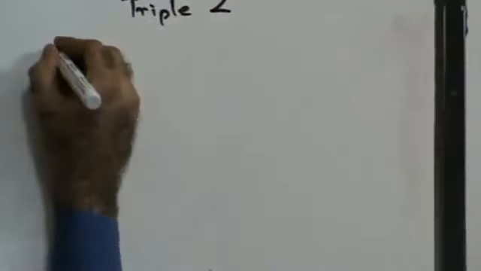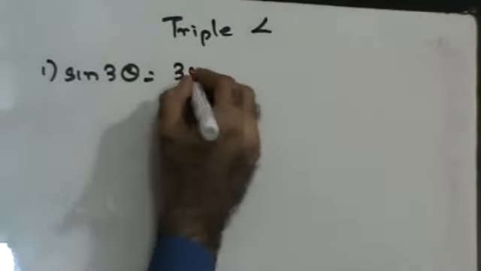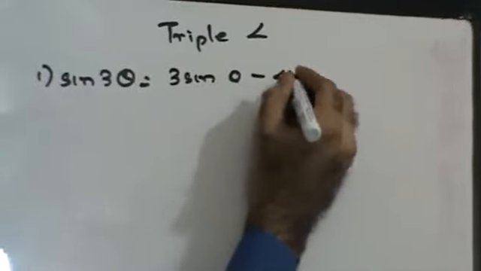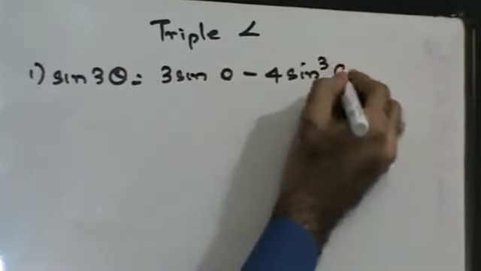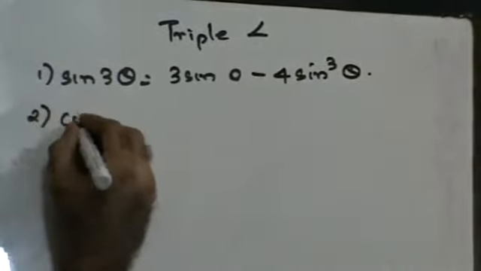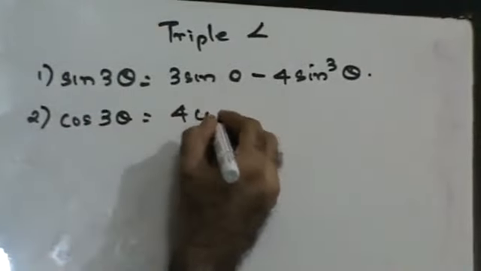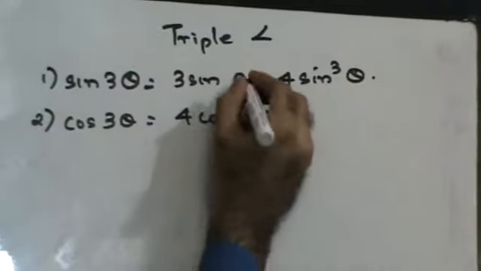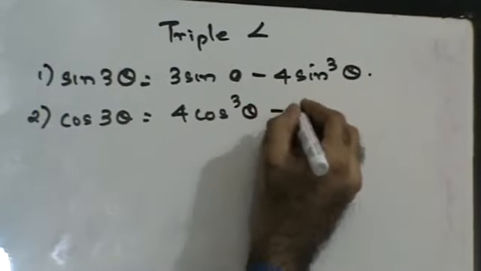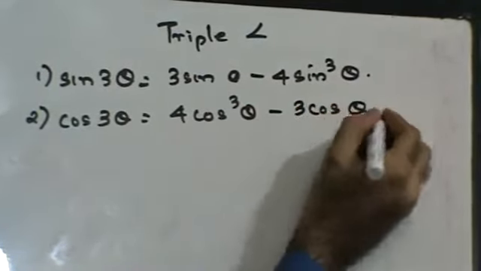Triple angle. 1, you have sine 3 theta. As the name suggests, triple angle 3 theta. Sine 3 theta is 3 sine theta minus 4 sine cube theta. Next, cos 3 theta is 4 cos cube theta minus 3 cos theta.